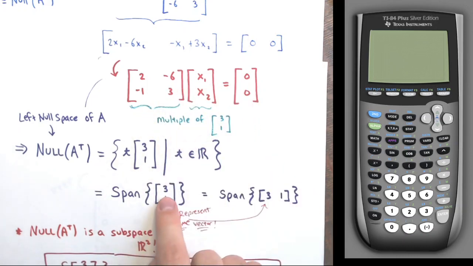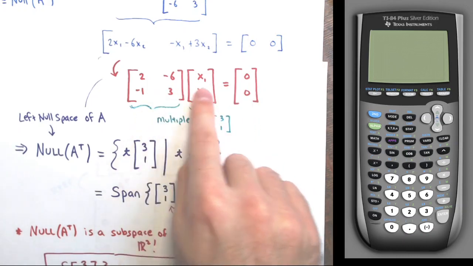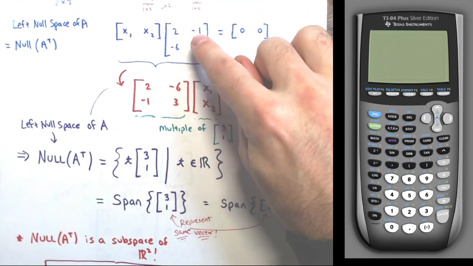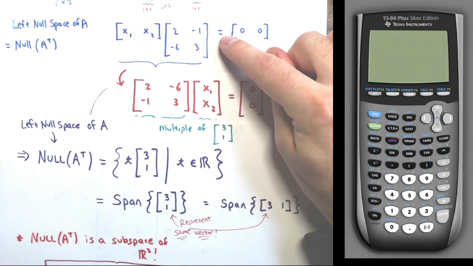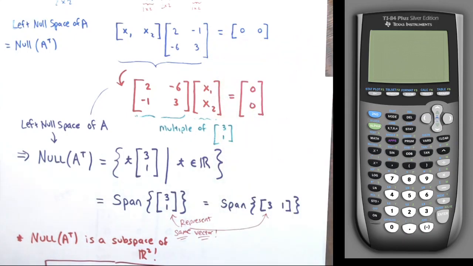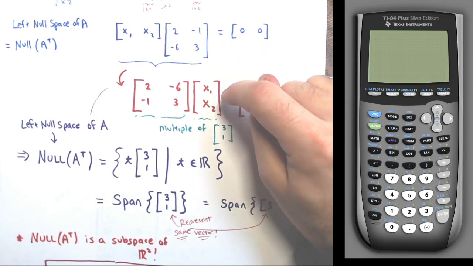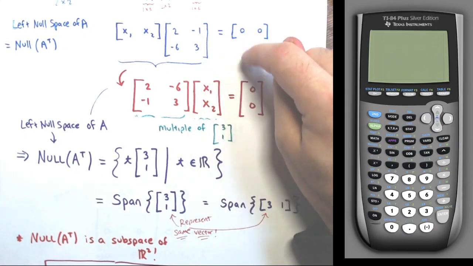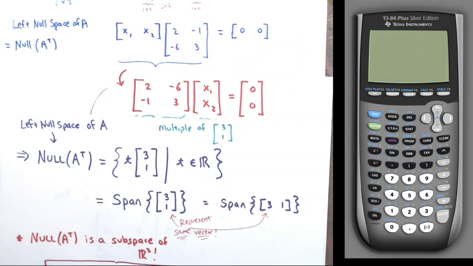Take any multiple of 3, 1, put it in here, you get the 0 vector. So again, solving these equations is the same. These are equivalent equations. One is just the transpose of the other. I take each side and transpose each side, and I get these two equations. These are the same exact thing. I have the same exact solutions.